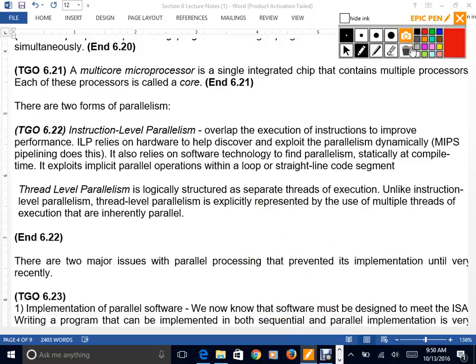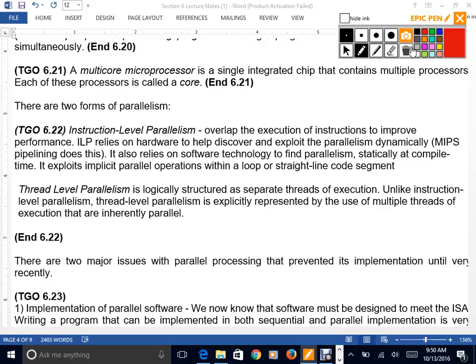So thread-level parallelism is logically structured as separate threads of execution. Unlike instruction-level parallelism, thread-level parallelism is explicitly represented by the user by the use of multiple threads of execution that are inherently parallel. So in C, Alex Gunter, you've coded in C? So how are threads invoked in pthread?